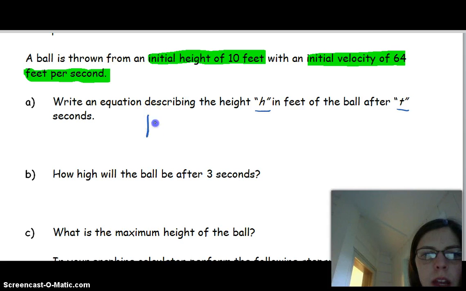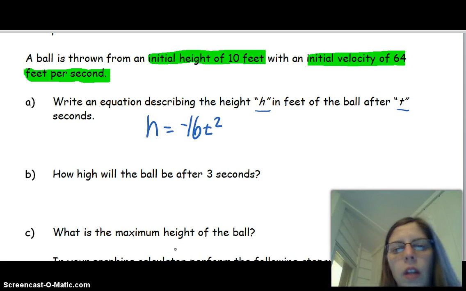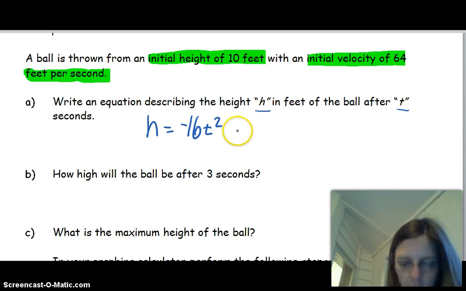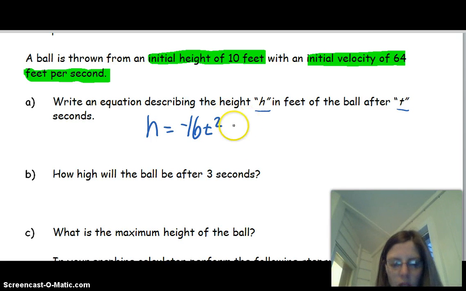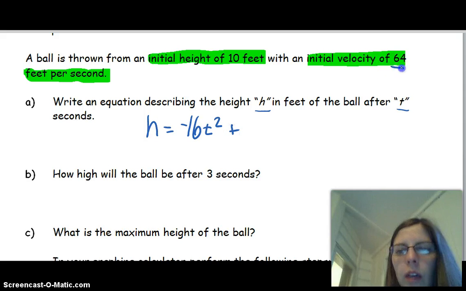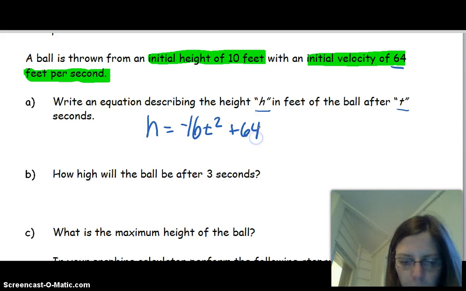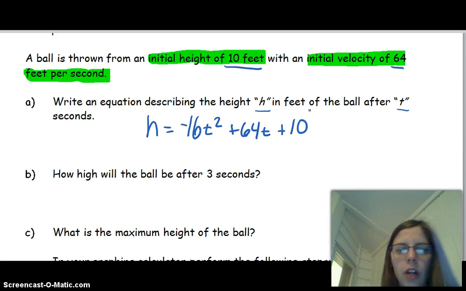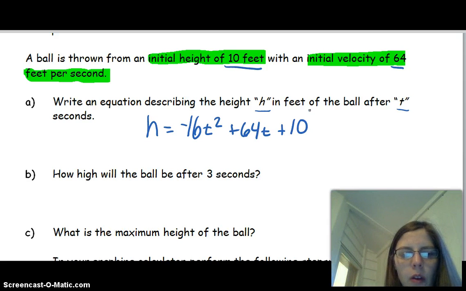Here I have h equals negative 16 t squared, and the negative 16 is the amount of feet the ball will drop per second, which we got from our notes. Then we write down the initial velocity of 64 feet per second, and then plus the initial height of 10 feet. So that's our equation.